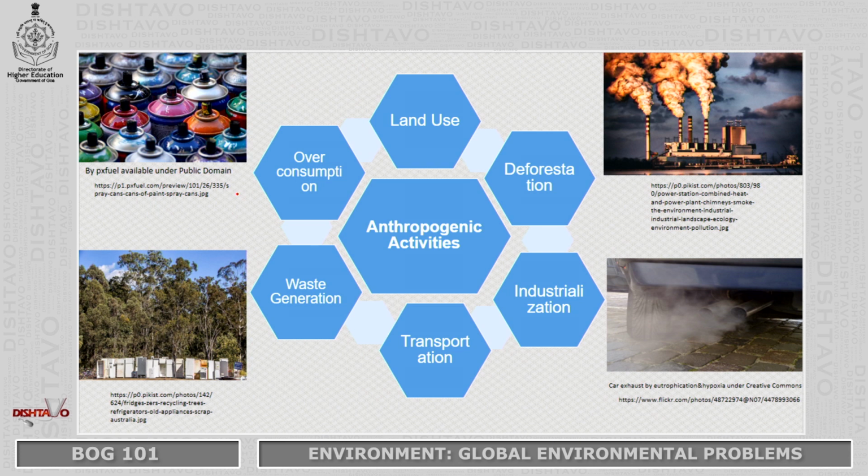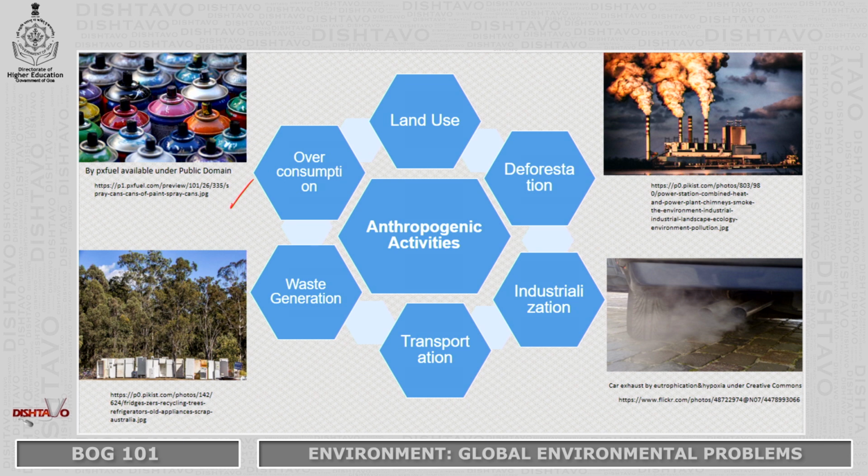We use different types of sprays today. Actually using them wouldn't be a problem, but the aerosols that we use give up these CFCs that are used in these items. And when they rise up into the atmosphere, they directly react with the ozone layer, and that is how it is disturbed.